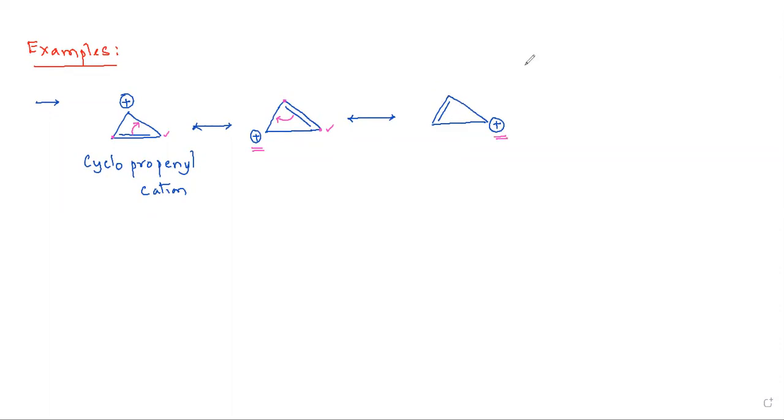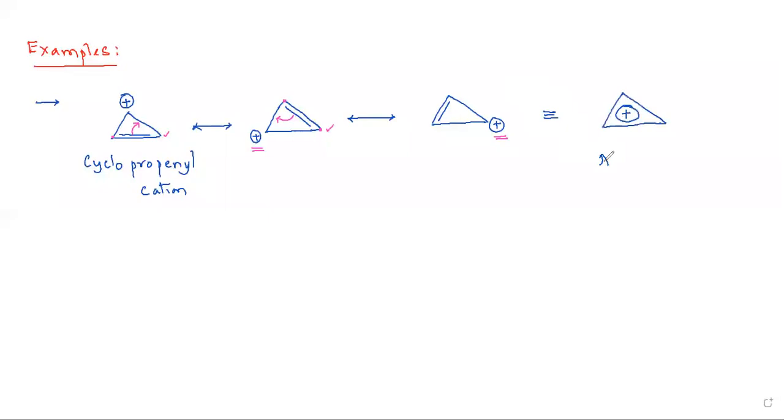Now, overall, it can be shown that the pi electron can migrate within this and of course has a positive charge.